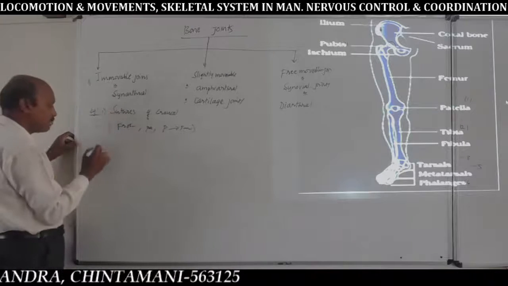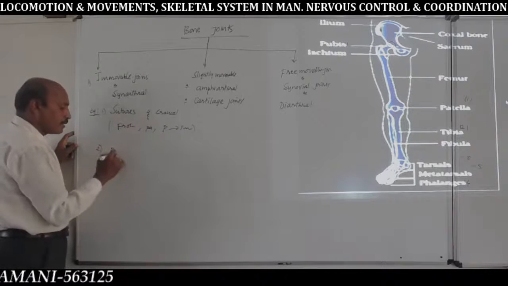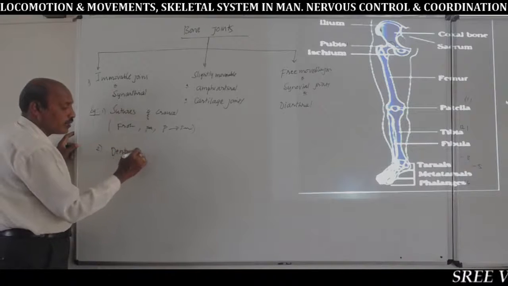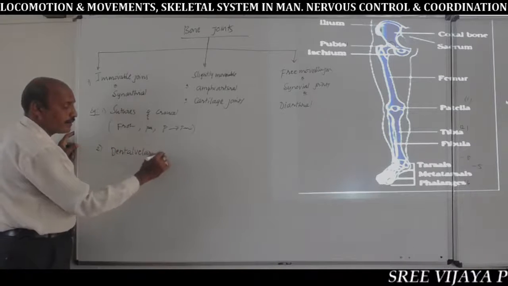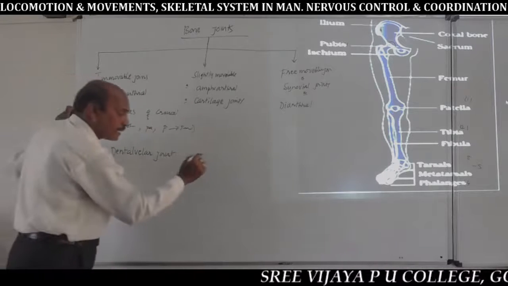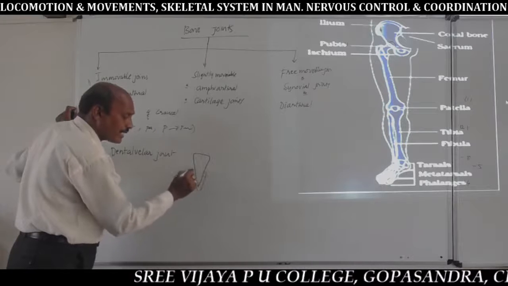And the second example is the dentoalveolar joint. Dentoalveolar joint means the tooth fixed in the socket of the jaw.